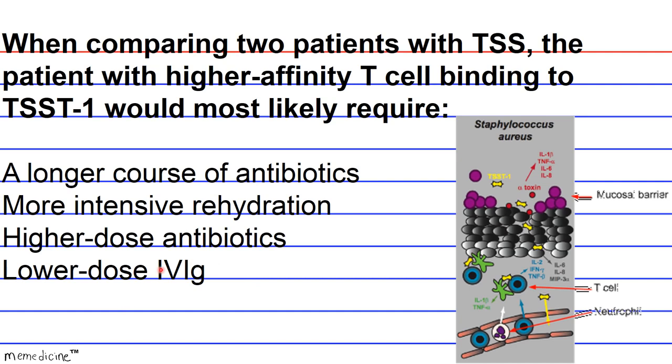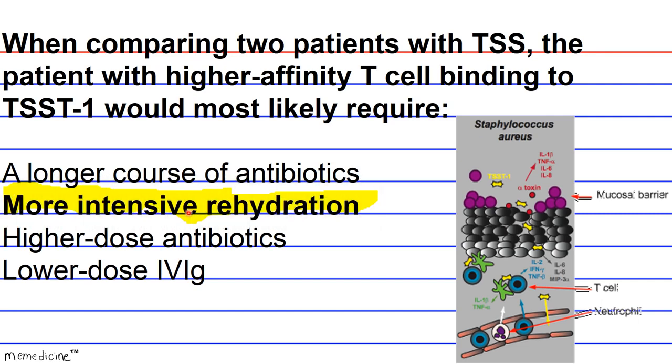Okay, so this is out, this is out, and this is out. So by default, we see that answer choice B is the correct answer choice. And so basically, a more pronounced response to the TSST1 would require more supportive care, and a form of supportive care is going to be a more aggressive fluid resuscitation. All right? Okay.